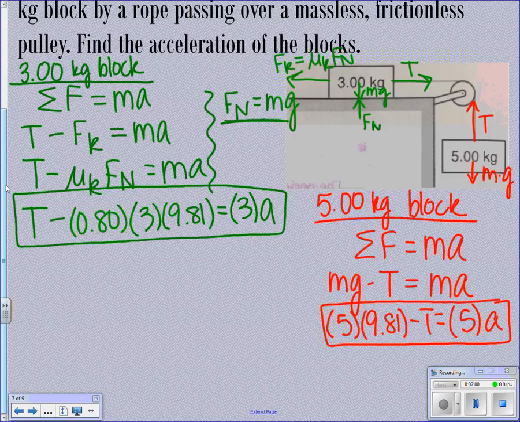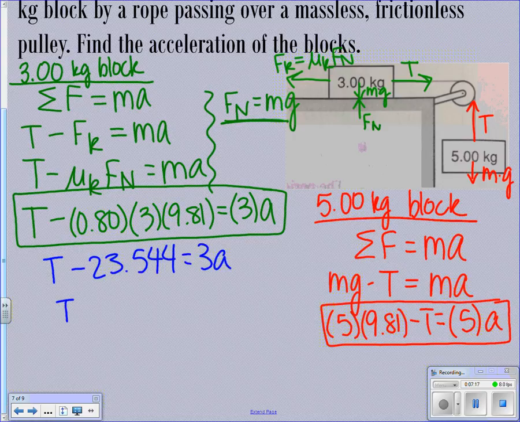So if you multiply 0.8 times 3 times 9.81, you're going to have T minus 23.544 equals 3a.